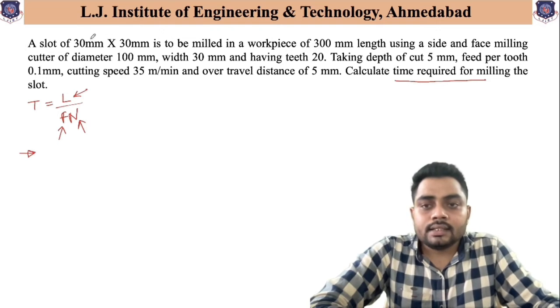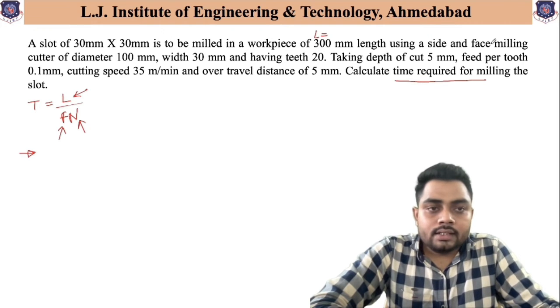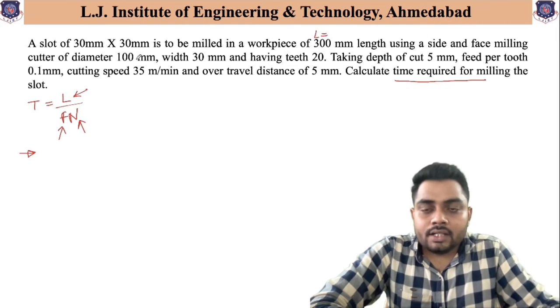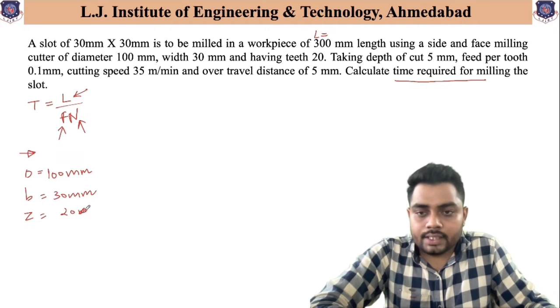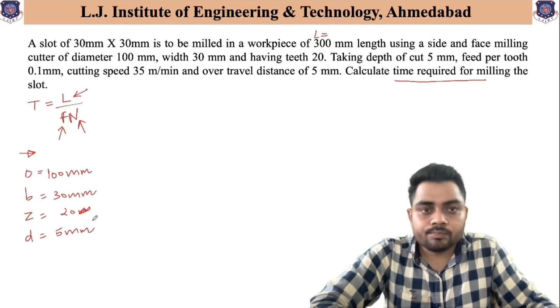The length given is 300 mm, the diameter of the cutter is 100 mm, the width is 30 mm, and the number of teeth on the cutter is 20. The depth of cut is 5 mm.